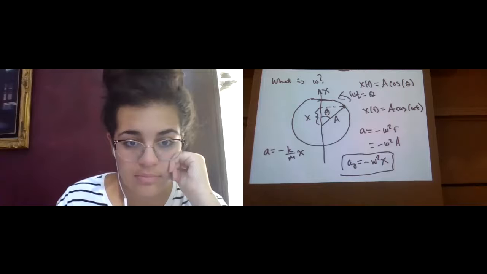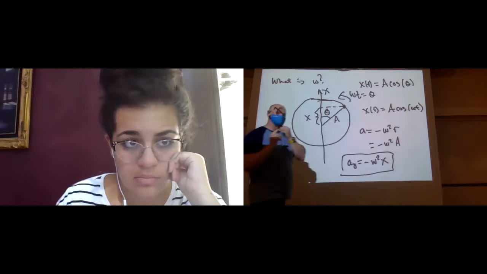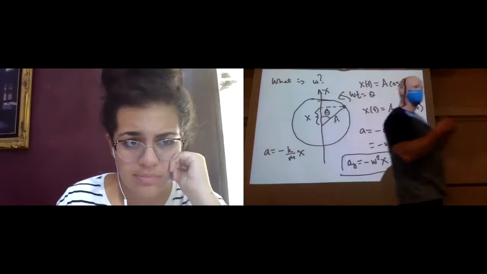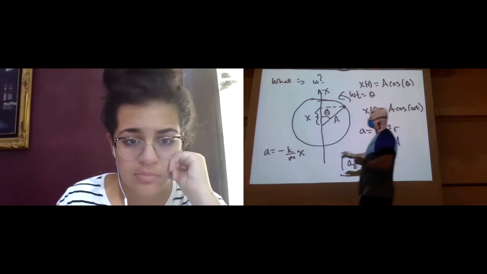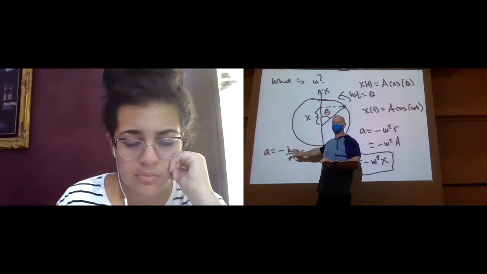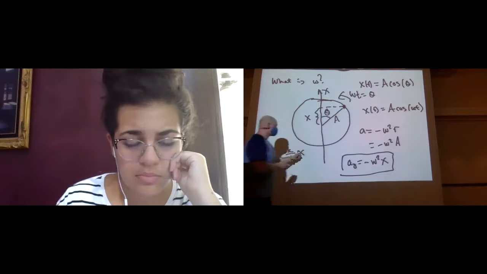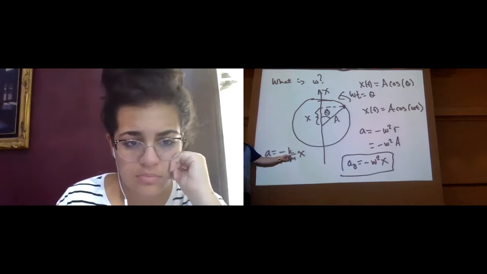Whatever shows up in front of that position is the angular frequency squared by definition. So the way you determine the angular frequency, which is exactly related to the angular velocity, is by solving for the acceleration. Once you have that, whatever shows up in front of x is the angular frequency squared by definition.